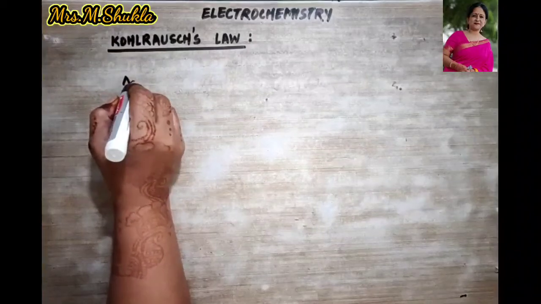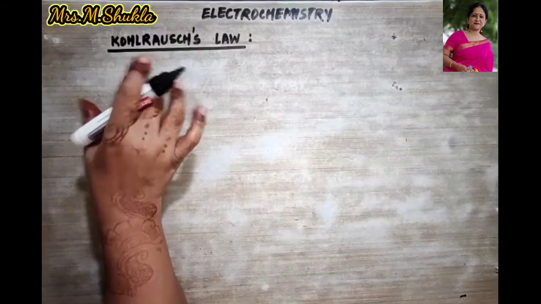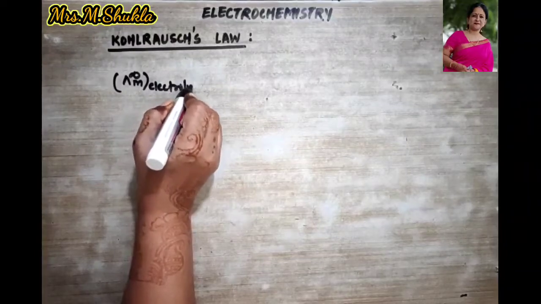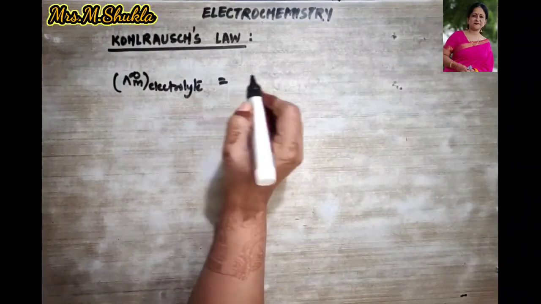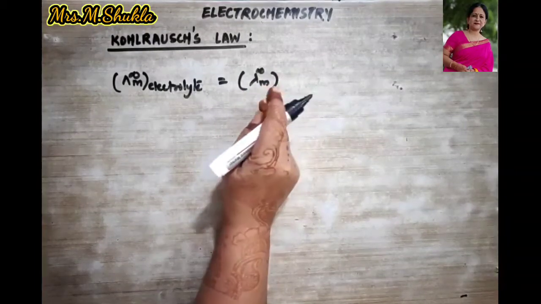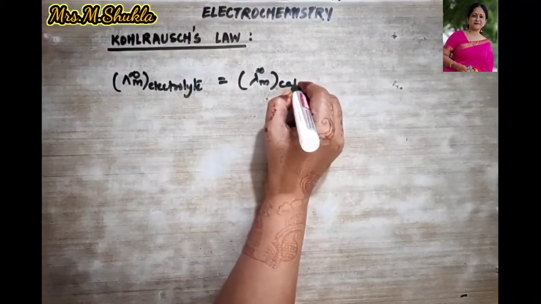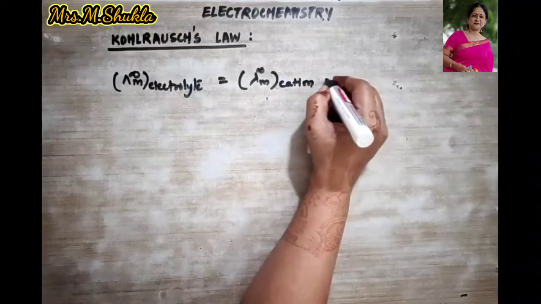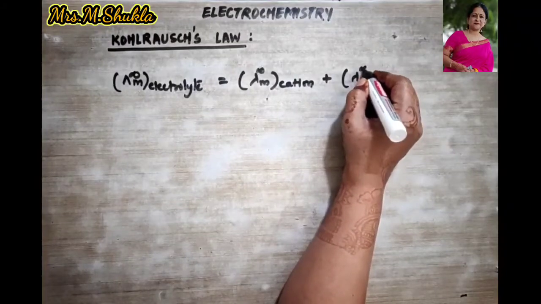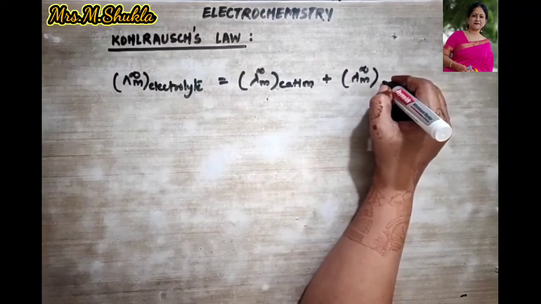So we can say that the molar conductivity of the solution at infinite dilution of this electrolyte is always equal to the infinite molar conductivity of the cation plus the molar conductivity of the anion at infinite dilution.